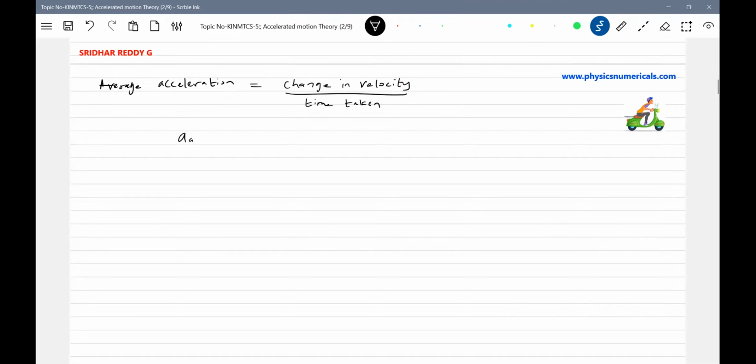So average acceleration is equal to delta V bar by delta T. Change in velocity is telling altogether. You can write it as V2 bar minus V1 bar by delta T. So this is the basic definition of the average acceleration.